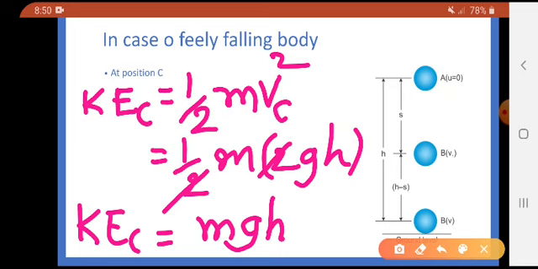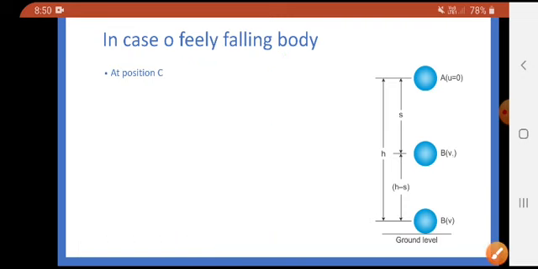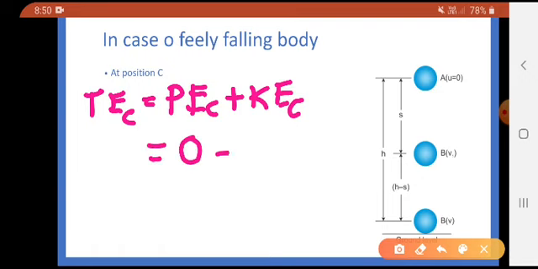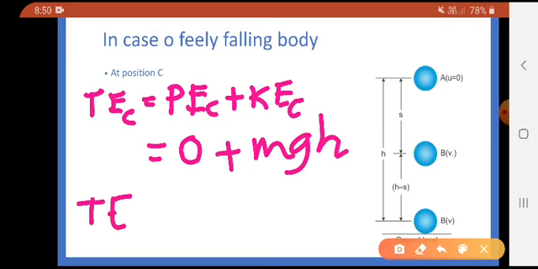We got the potential energy at C is 0, and kinetic energy at C is mgh. Then total energy at point C is potential energy at C plus kinetic energy at C. Potential energy is 0, kinetic energy is mgh, so total energy at point C equals mgh.